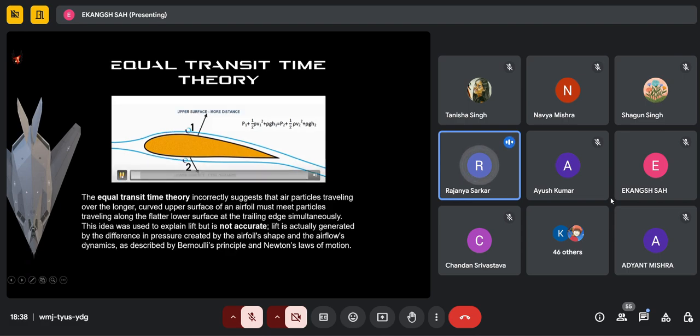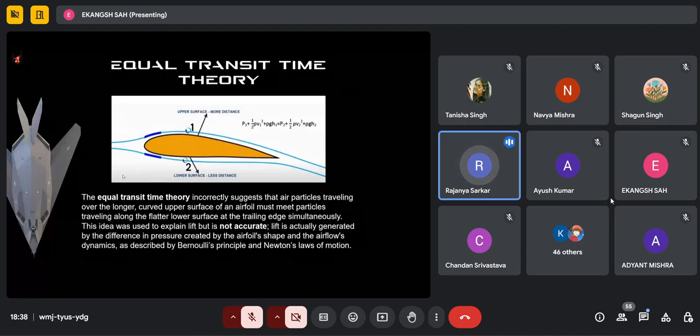So basically, the equal transit time theory used the Bernoulli equation and the concept of pressure difference in the upper surface and the lower surface of the airfoil to explain the phenomenon of lift generation, right?